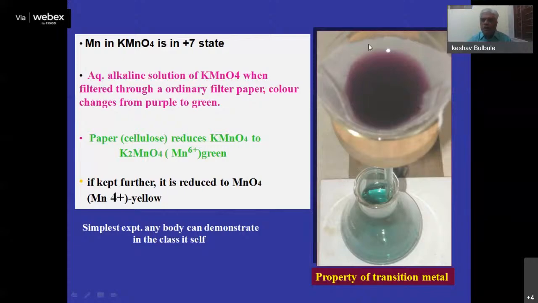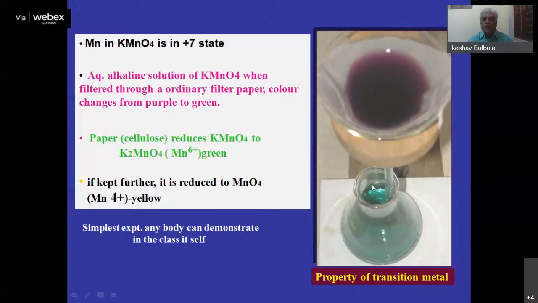paper, or any paper, which is nothing but cellulose. Cellulose is a typical polysaccharide or carbohydrate. This polysaccharide is a reducing agent. This wonderful, slow and steady reducing agent reduces Mn from +7 to +6.